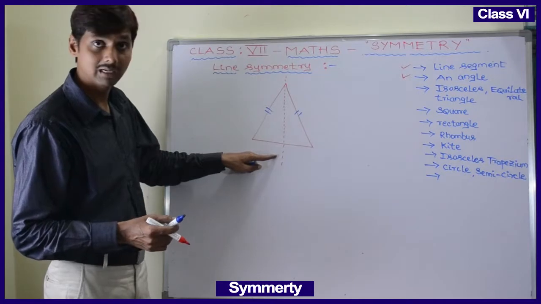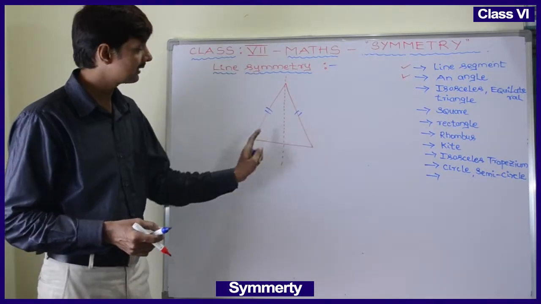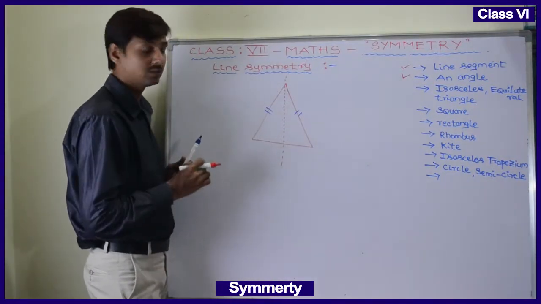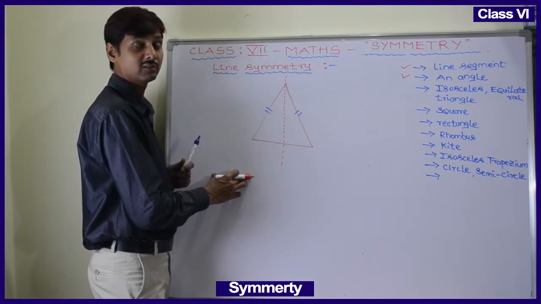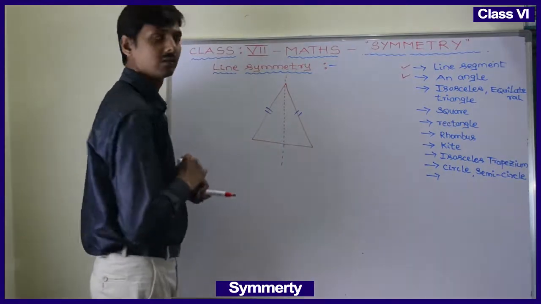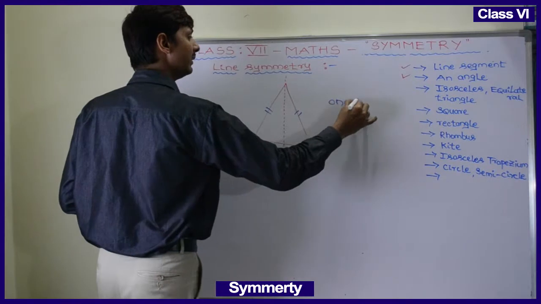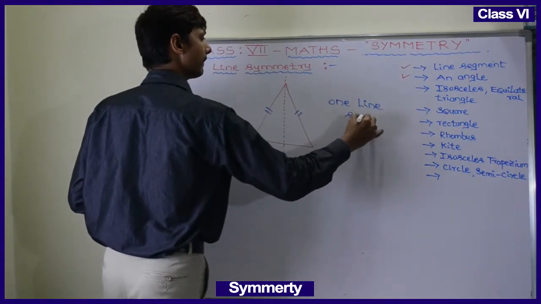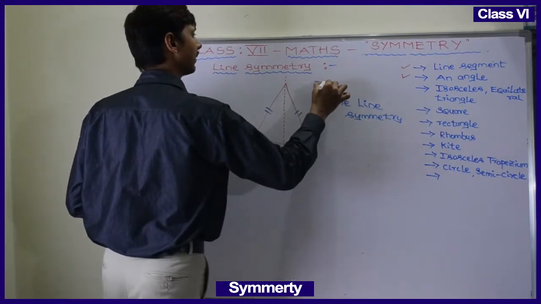Then we get a line which will divide the triangle into two equal parts. This line is called the line of symmetry for an isosceles triangle. So for an isosceles triangle, only one line of symmetry can be drawn.